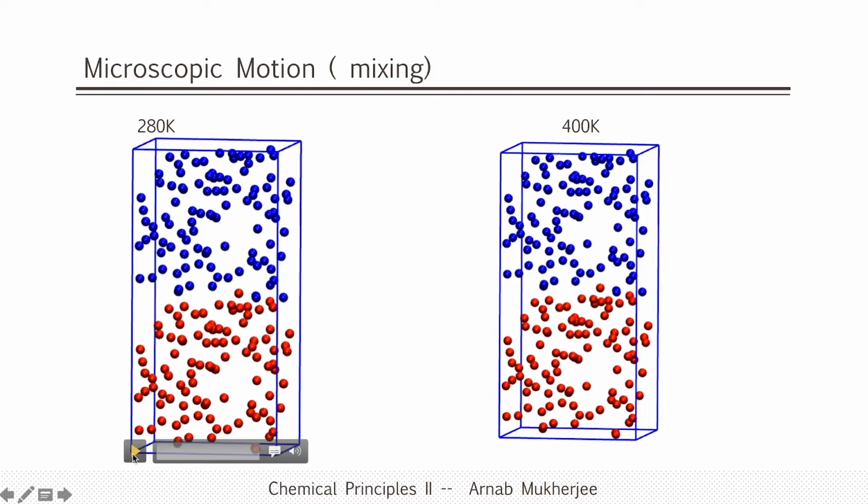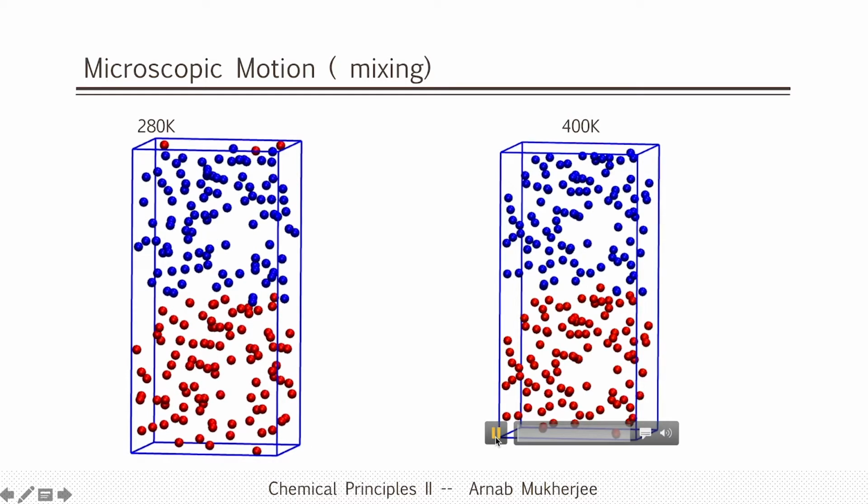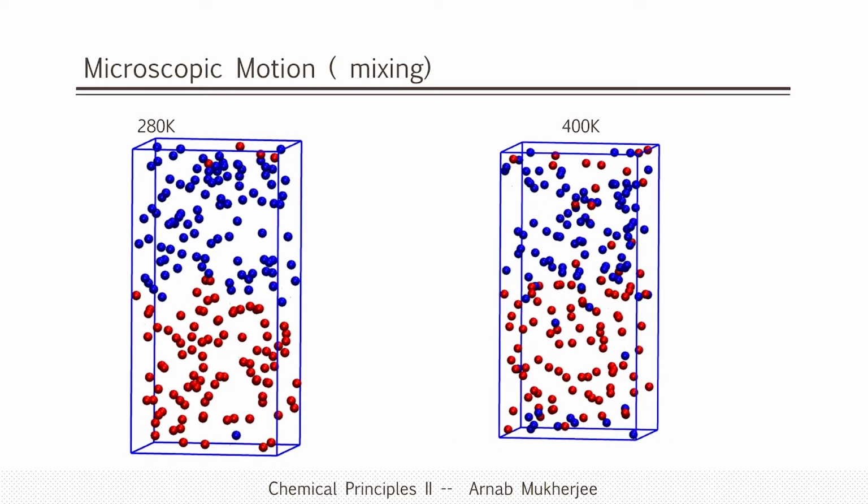For example, when we have a mixture of two different gases or liquids at two different temperatures, the mixing rate will of course be different, because molecules will move faster or slower depending on the temperature. Here we are going to show you an animation of a mixture of two systems, one at 280 Kelvin and another at 400 Kelvin.